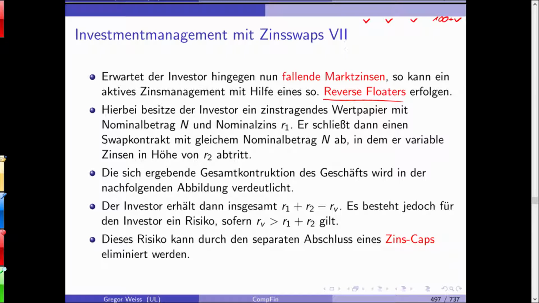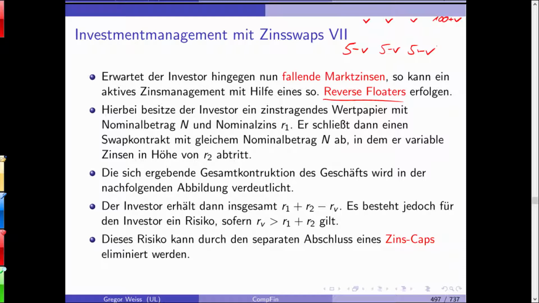A reverse floater is an interest-bearing financial instrument that pays out, for example, 5 minus V, 5 minus V, 5 minus V. It's called a reverse floater because if you are long in the reverse floater, you're not profiting from an increase, but you are profiting from a decrease in the variable interest payment.